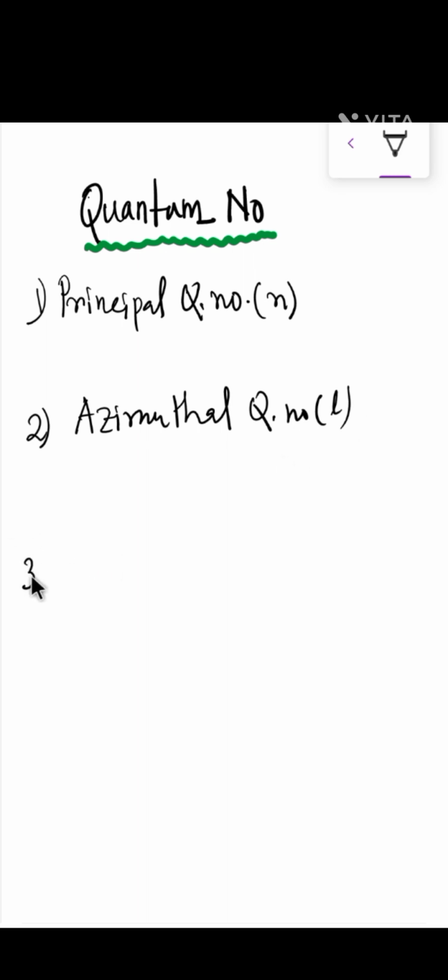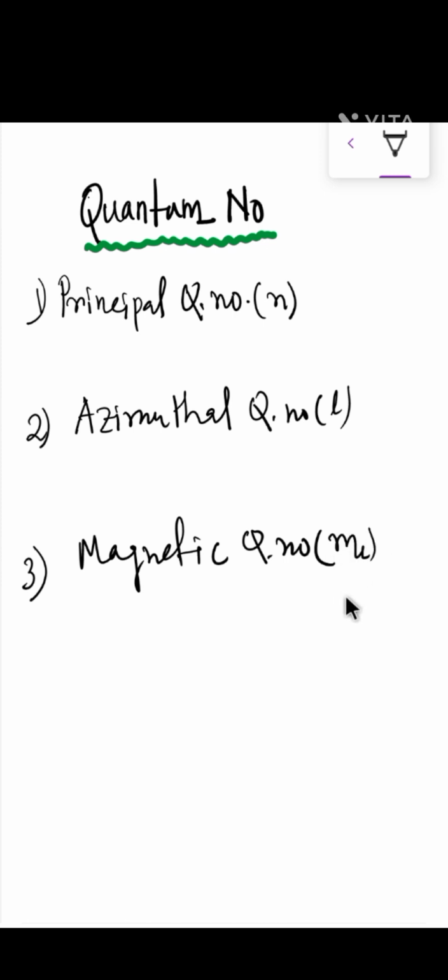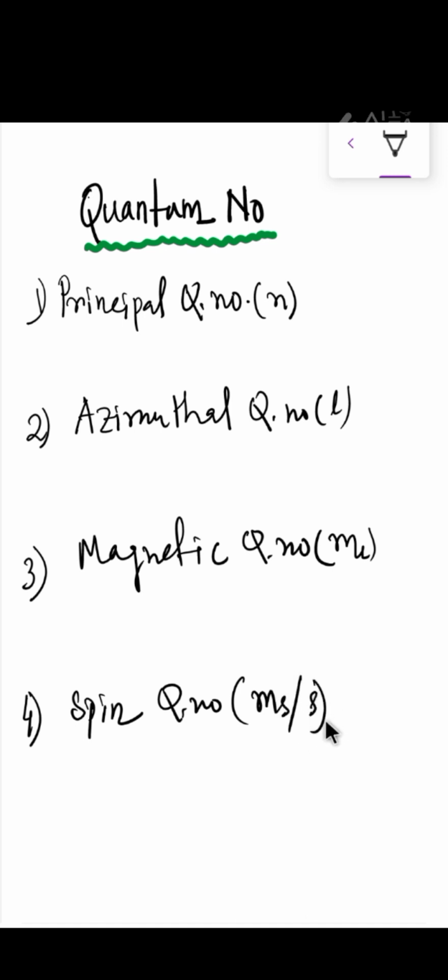Next is the magnetic quantum number, represented with m, with l in the subscript, m_l. The last is the spin quantum number, represented with m_s or sometimes s only.